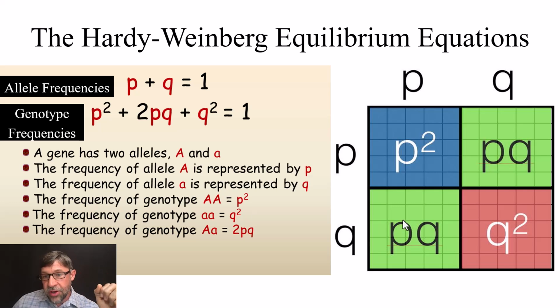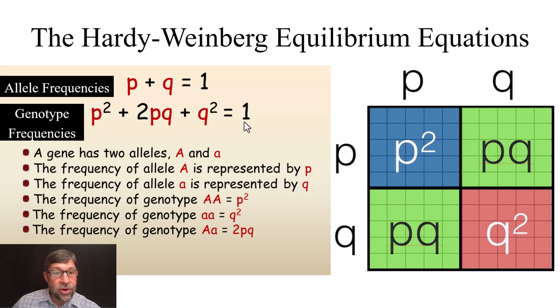If you take a look over here at the Punnett square, you can see where the genotype frequencies come from. So again, little p represents the dominant allele, so pretend like it's big A, and Q represents little a, the recessive allele. If we take those A's or P's across and down, and the Q's across and down, then P squared becomes big A, the frequency of the homozygous dominant.